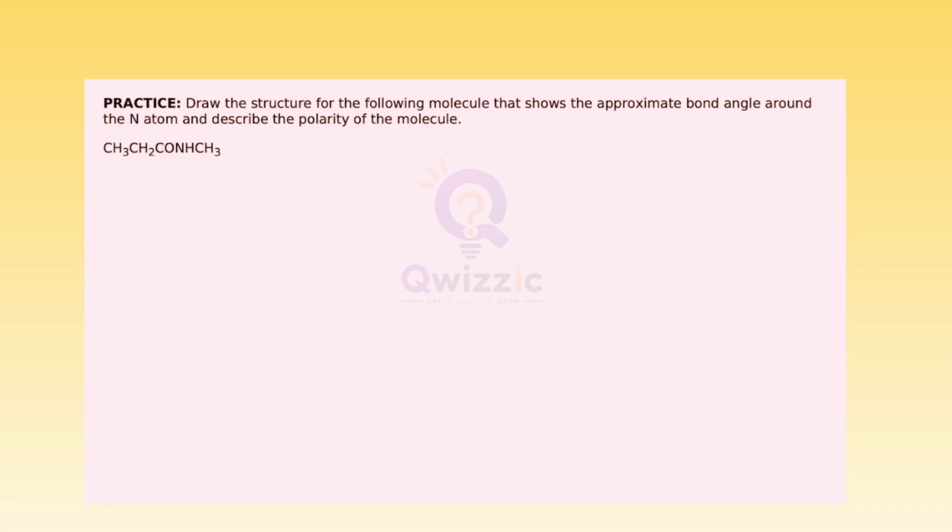So for this resonance to occur, the nitrogen, hydrogen, carbon, and oxygen must lie in the same plane. So the hybridization of nitrogen in amides is sp2, and an sp2 hybridized atom has a bond angle of 120. So with all this information in mind, let's go ahead and draw the structure.